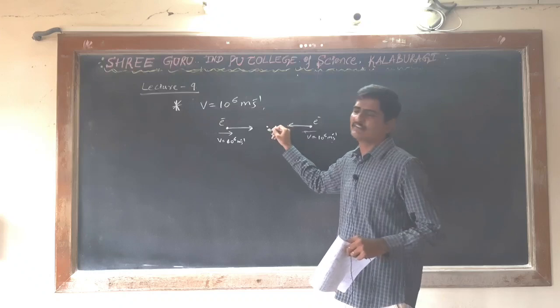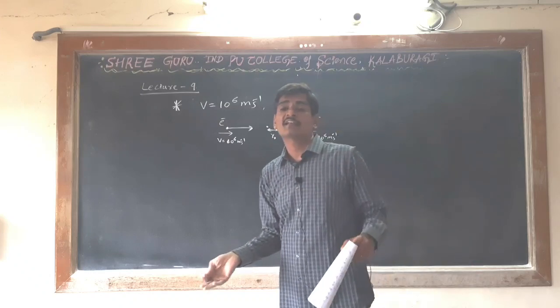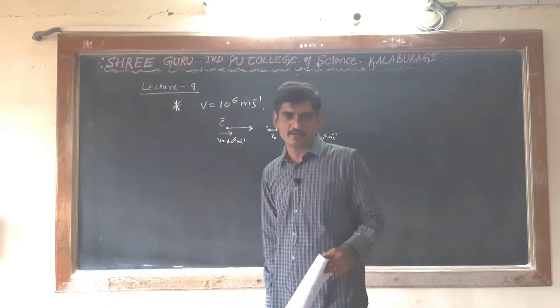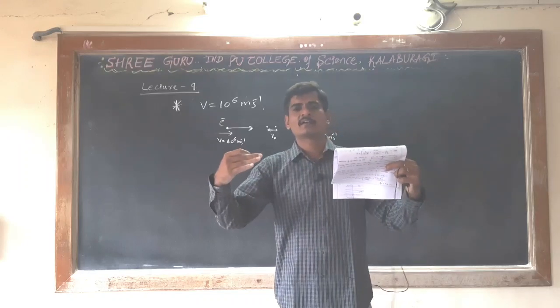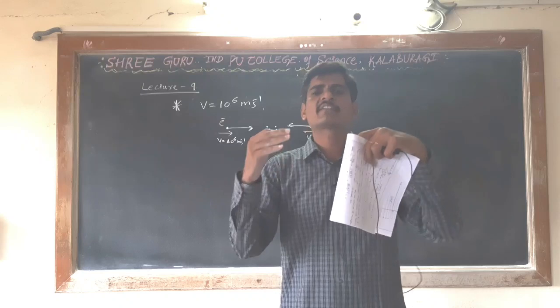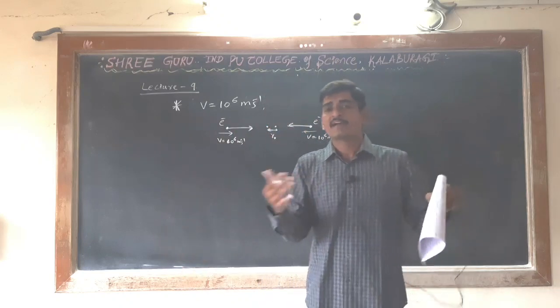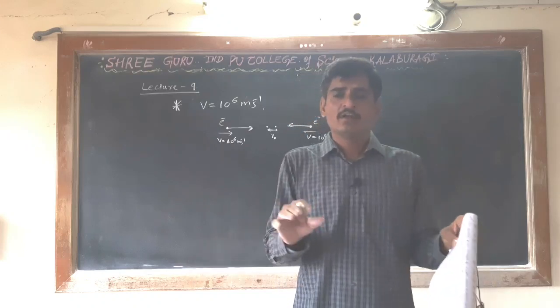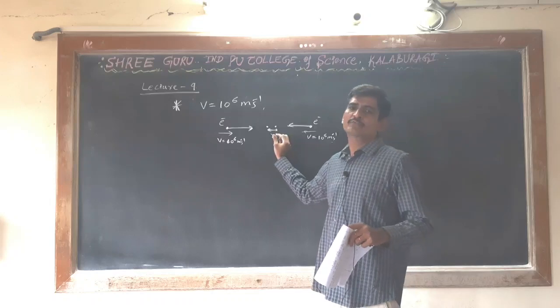At a certain distance the kinetic energy becomes 0, and that entire kinetic energy is converted into potential energy. When the kinetic energy becomes 0, they come to rest, and that will be the distance of closest approach.